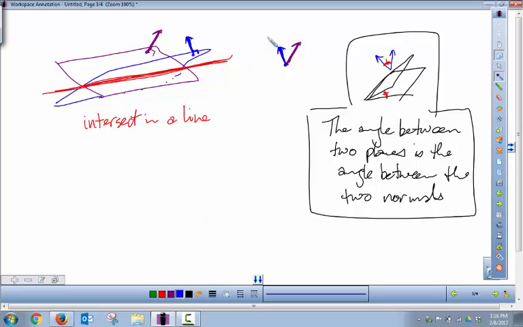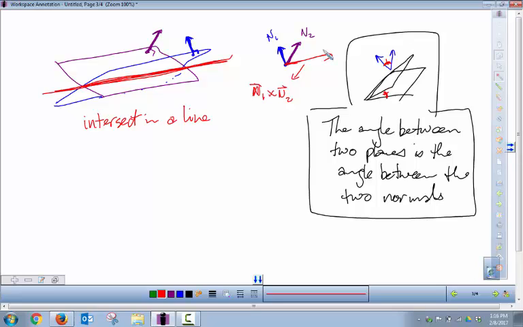So let's call them N1 and N2. It turns out that the cross product of N1 and N2, using the right-hand rule, gives you a direction. Whether it's going to the left or to the right doesn't matter, as long as it's going in the same direction as the line.